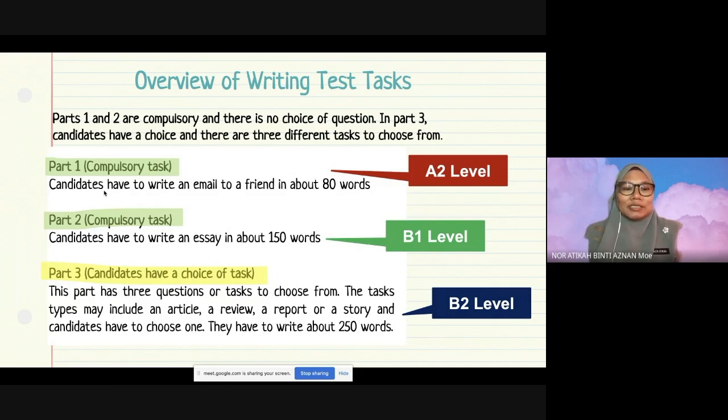The task types may include an article, a review, a report, or a story, and candidates have to choose only one. They have to write about 250 words, so this is the most words that they have to write. And of course, the task is the most challenging of all tasks. So this is a B2 to C1 level.